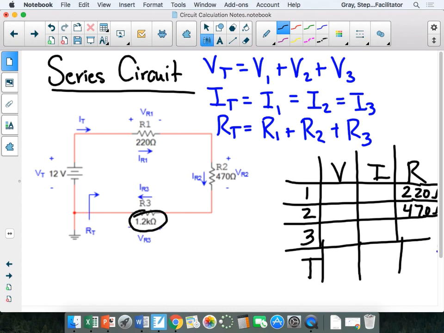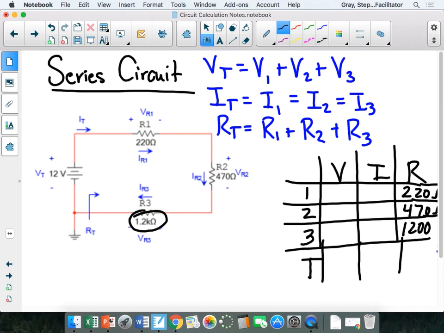Kilo means 1,000. So I'm moving my decimal 3 places to the right. So it's 1,200 ohms. Kilo ohms is the same thing as 1,000 ohms. So it's 1,200 ohms here. Everybody understand where I got that?